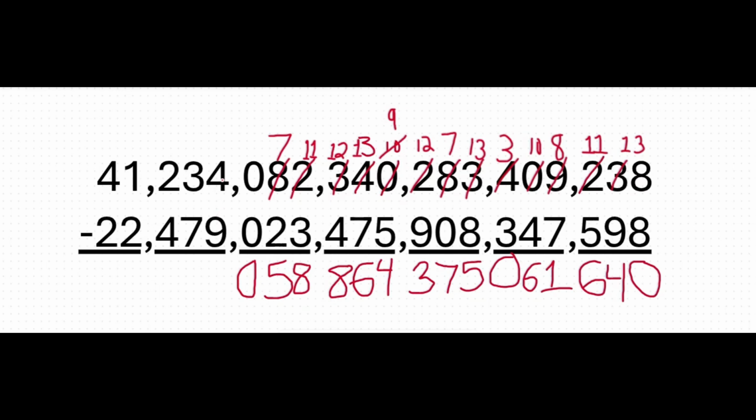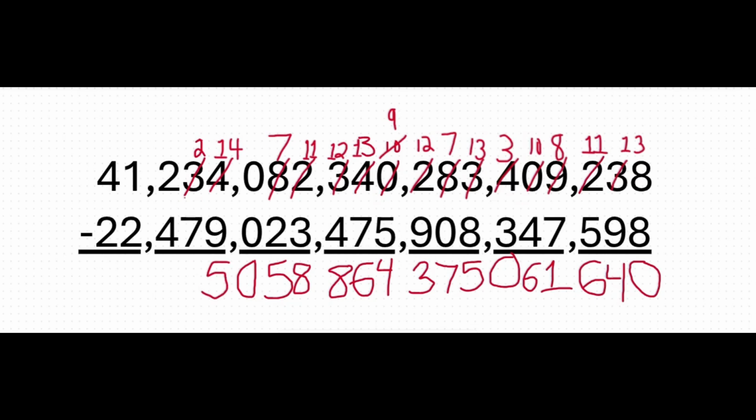So we're going to turn the 3 into a 2, and the 4 becomes a 14. Now 14 take away 9, what is that going to be, class? Very good, it's going to be a 5.